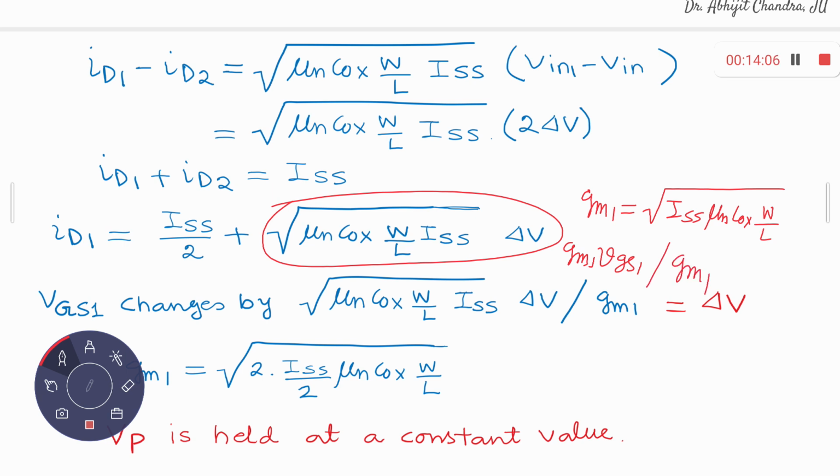Now, this thing which I marked in yellow is basically your gm1, so it gets cancelled. So what is the change in vgs1? It's nothing but delta V. So the final conclusion is that delta vgs1 is equal to delta V.